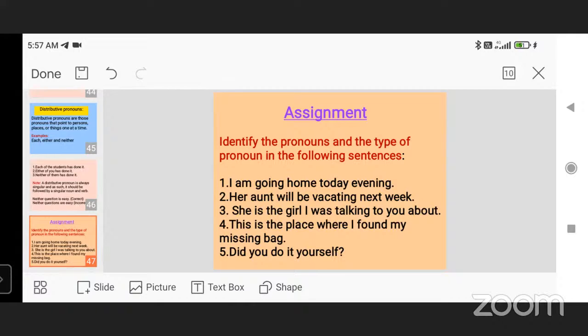I'll wait. Identify the pronouns and the type of pronouns in the following sentences. You're just going to underline and say what type of pronoun. If it is a personal pronoun, we have two types, isn't it? Objective and subjective. I have taught you today. So you're going to mention that also.